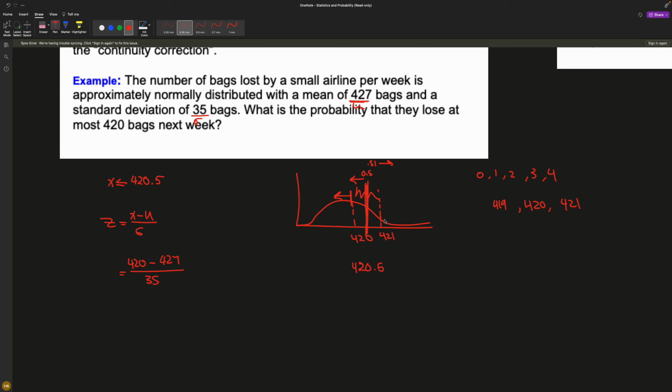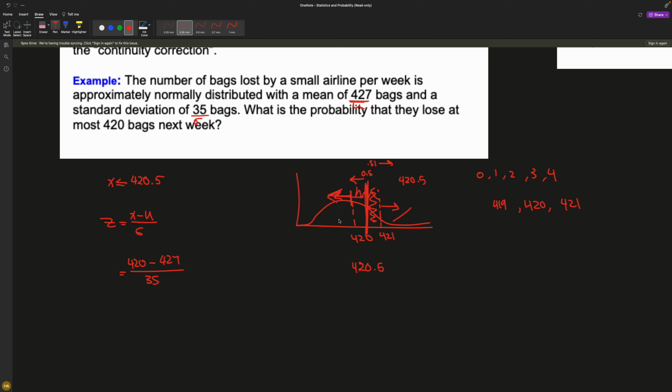So if you're trying to look for 420 plus, you'll do 420.5 because you want to get this area as well, so you'll go from 420.5 onwards. And same thing if you're trying to get 420 or less, you'll do 420.5 because you want to go to the left. I hope that kind of makes sense.